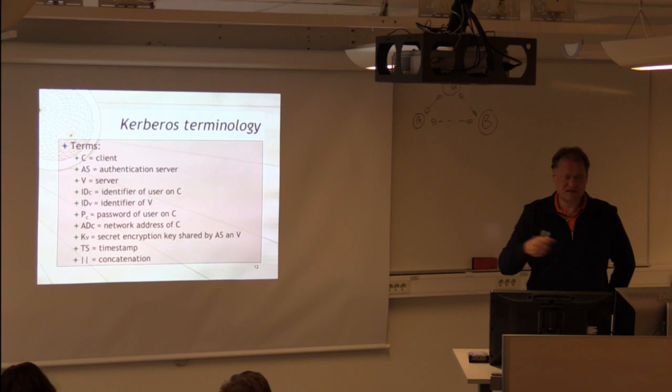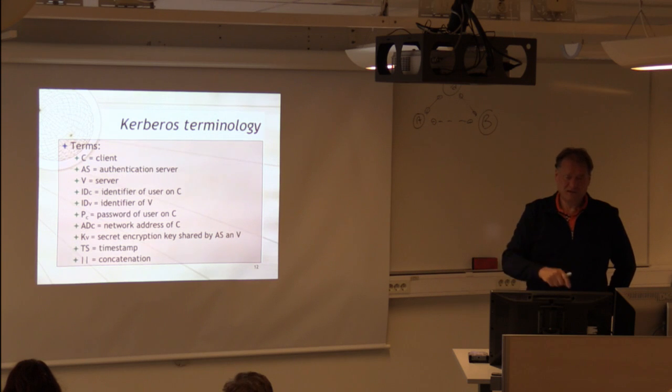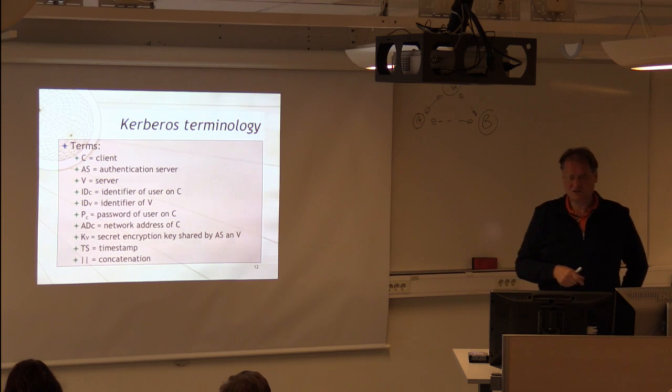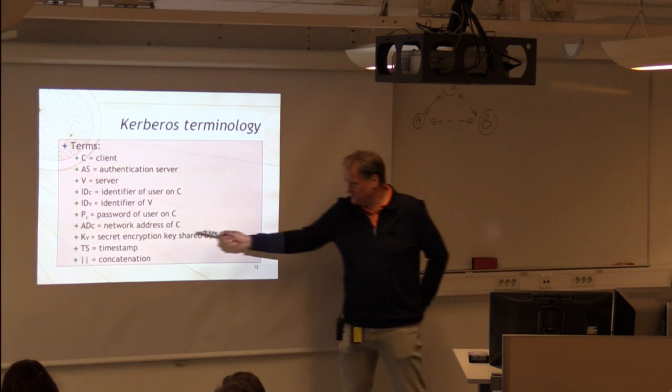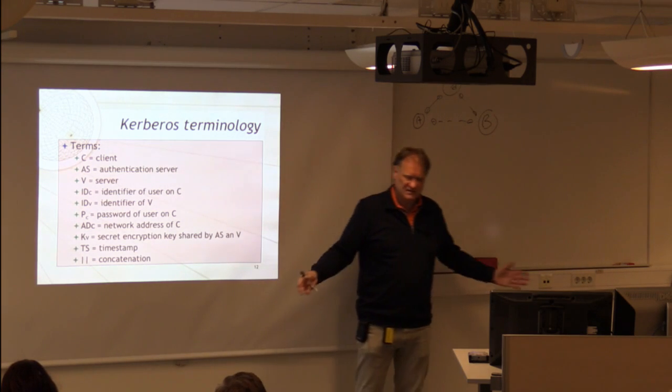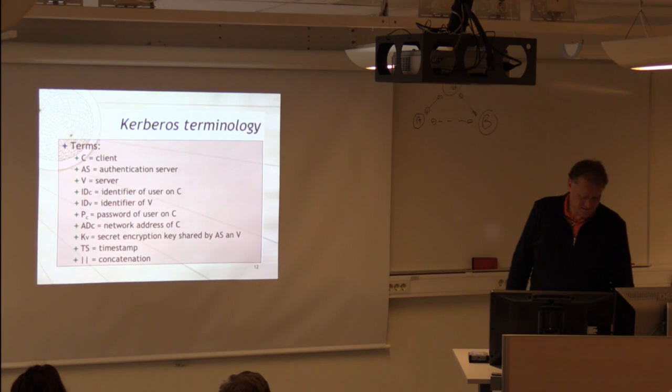They have exchanged keys manually, probably. So we have a way to securely communicate between the different servers and the authentication server. We have timestamps and concatenation, where when we build messages, we put together a number of different items here.